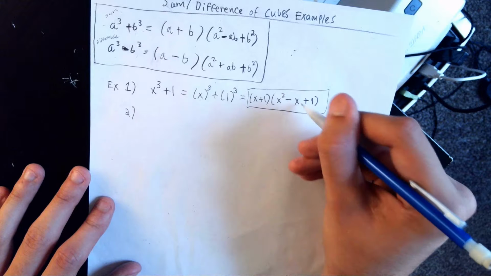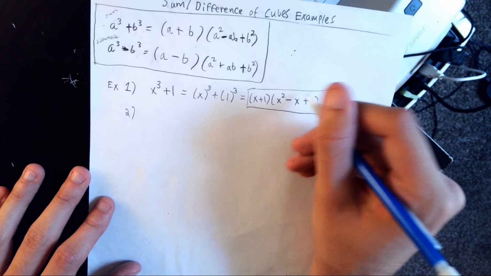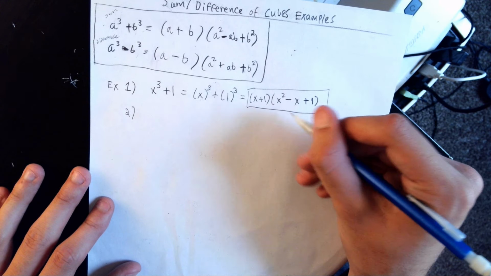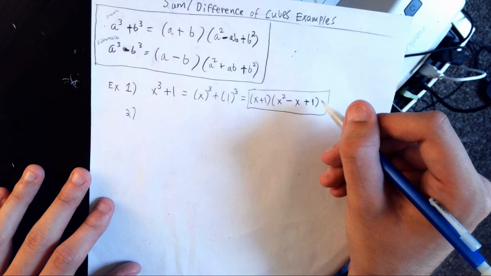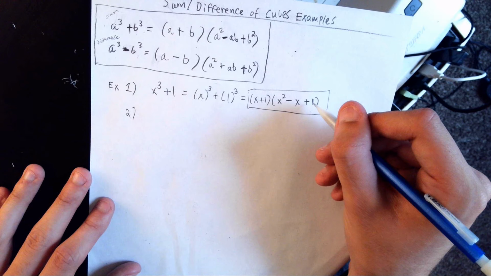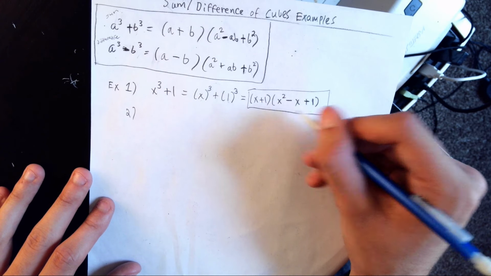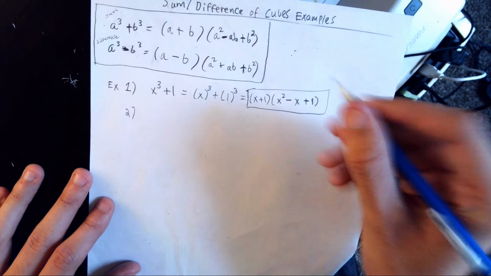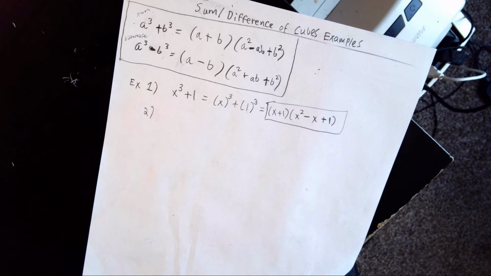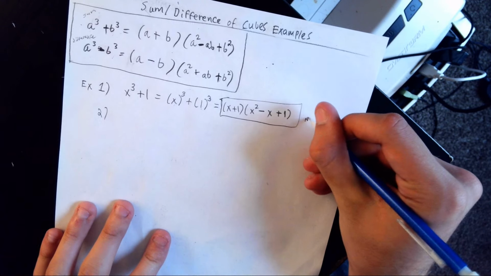The quadratic that's right here is not factorable over the real numbers, so we will not worry about that. We will maybe get into complex numbers a little bit, but anyway, we just say it's not factorable.